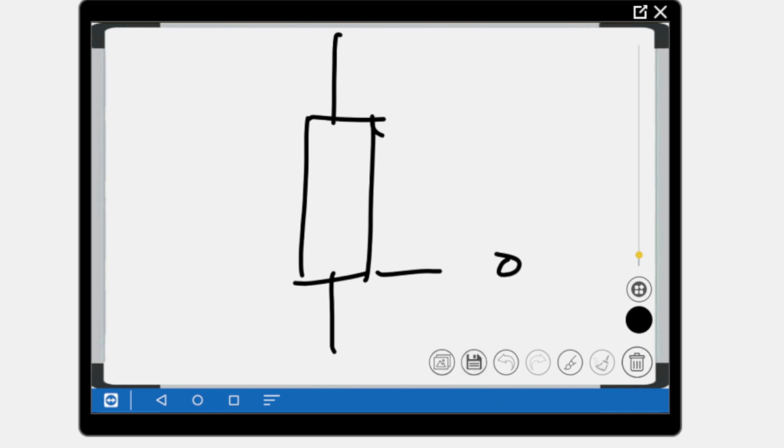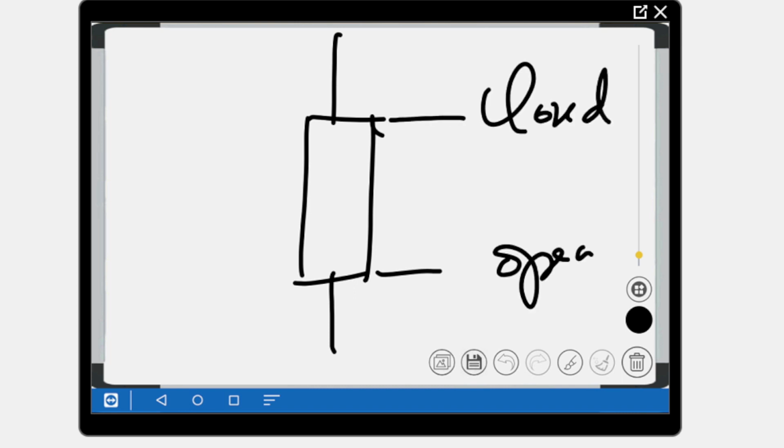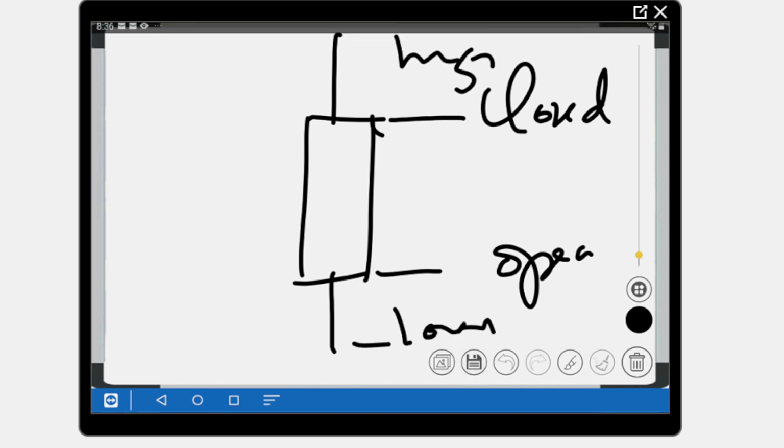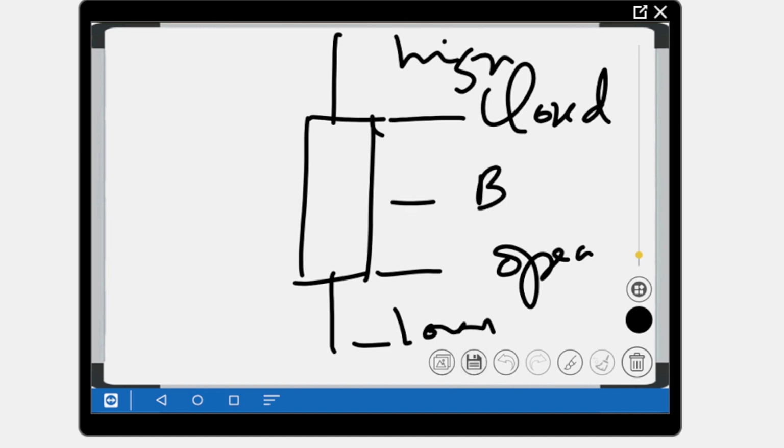We have the open, the close, the low, the high, and the body. So everybody should understand that by now. And we have the bearish candlestick and the bullish candlestick. Right now, because the close is above the open, this candlestick would be considered a bullish candlestick. That means it was going up during that period of time.